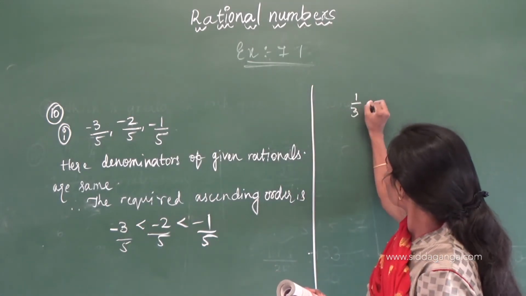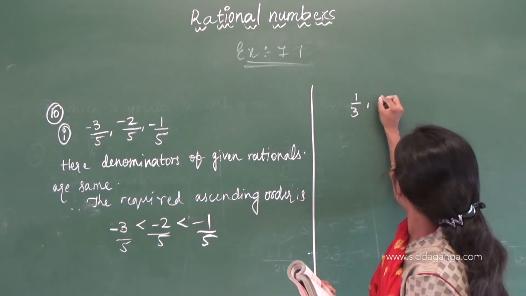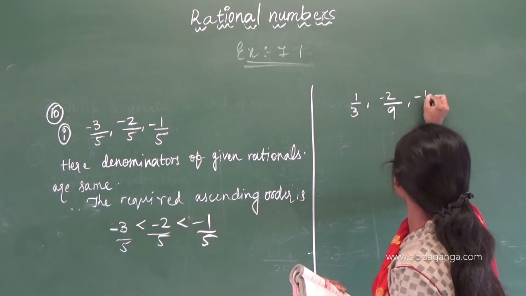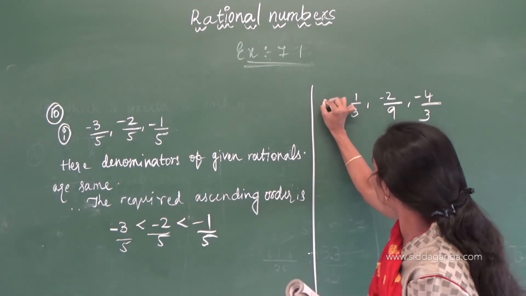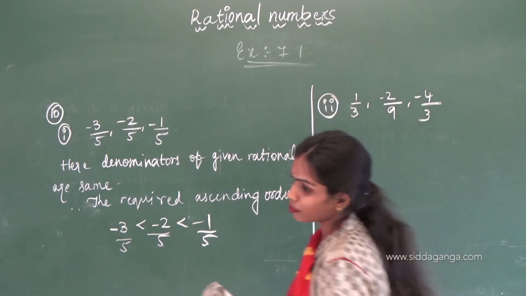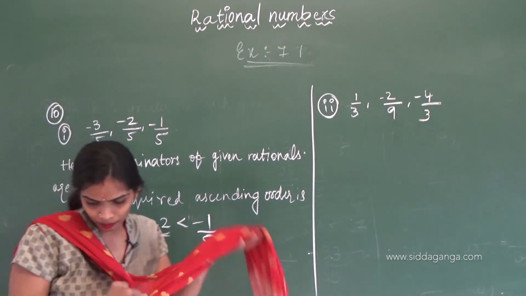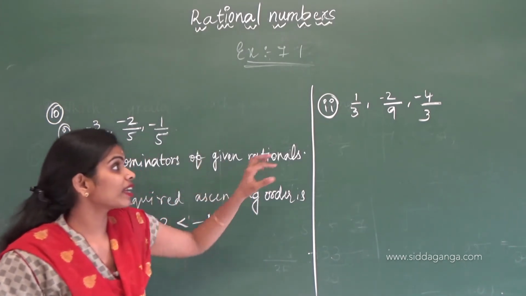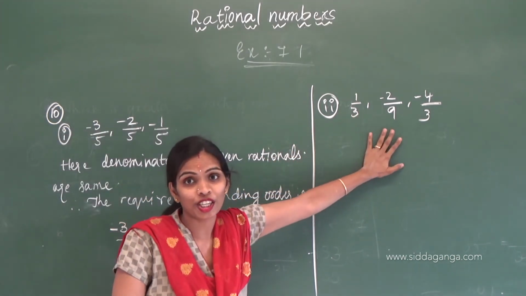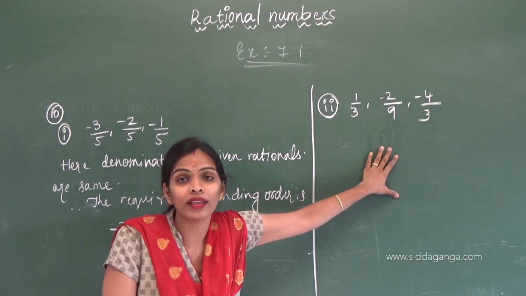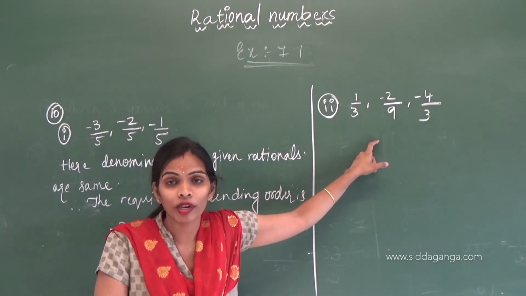Next: 1 by 3, minus 2 by 9, minus 4 by 3. Here they are giving 3 rational numbers. They are not like fractions, because 2 rational numbers have denominator 3 and the third one has denominator 9.